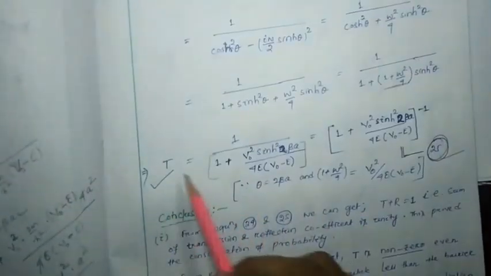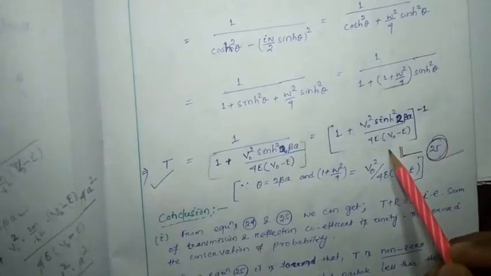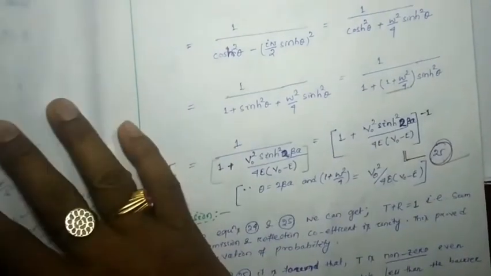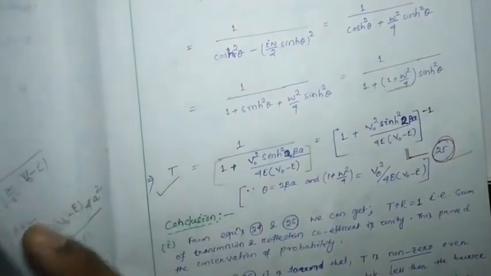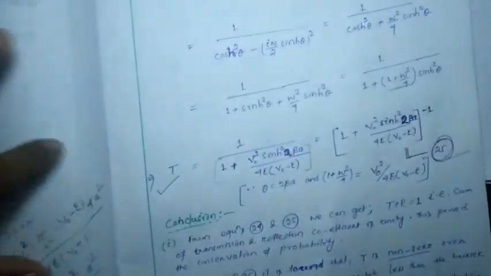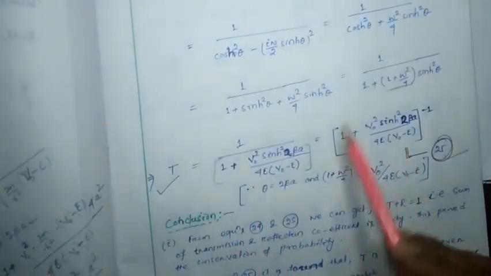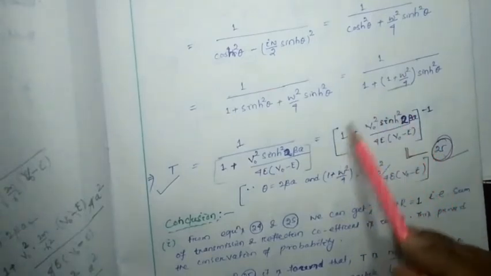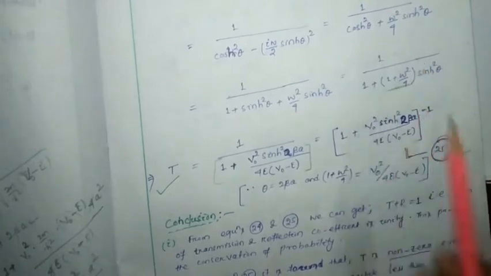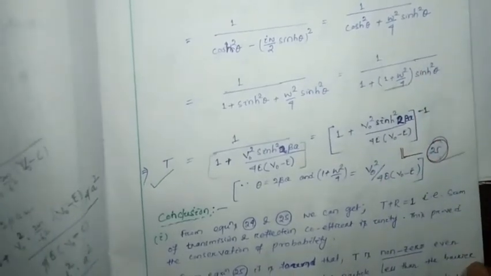This happens in quantum mechanics, but classically it is not possible, because if a particle is moving from the left side from infinity, and this is a barrier with larger potential than its kinetic energy, it could not penetrate. But here we found that the transmission coefficient exists, not a 0 value. That phenomenon is called quantum mechanical tunneling.